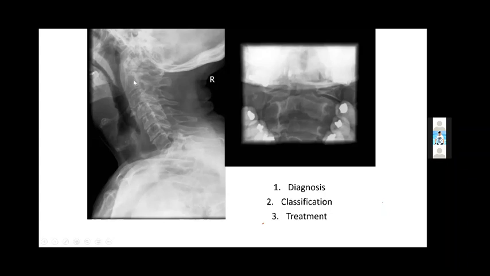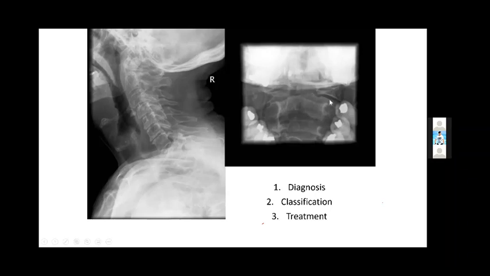Is it stable or unstable? Medium. Usually they are stable fractures. The only problem with them is whether they heal or not. So this is the type 2 fracture of the dens.